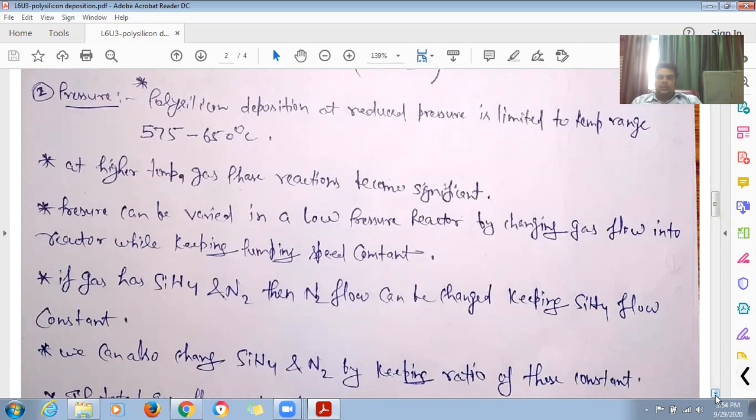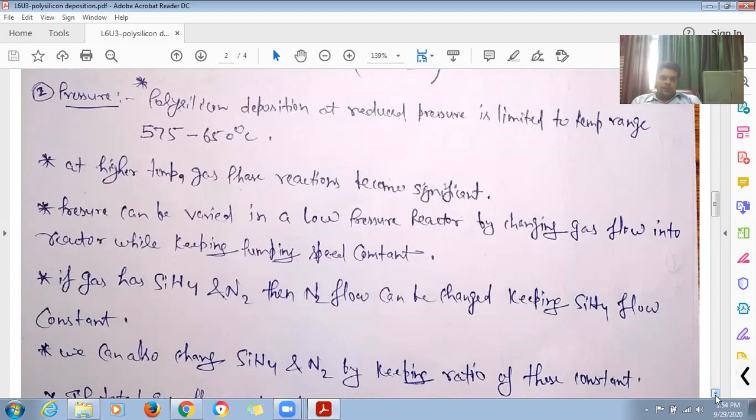So there are three factors by which we can change the pressure. First is by changing the pumping speed. If we change the pumping speed, then the pressure of the gas will vary. Another method is if the gas contains silane and nitrogen, the second method that we discussed, where we are using 20 to 30% silane diluted in nitrogen.